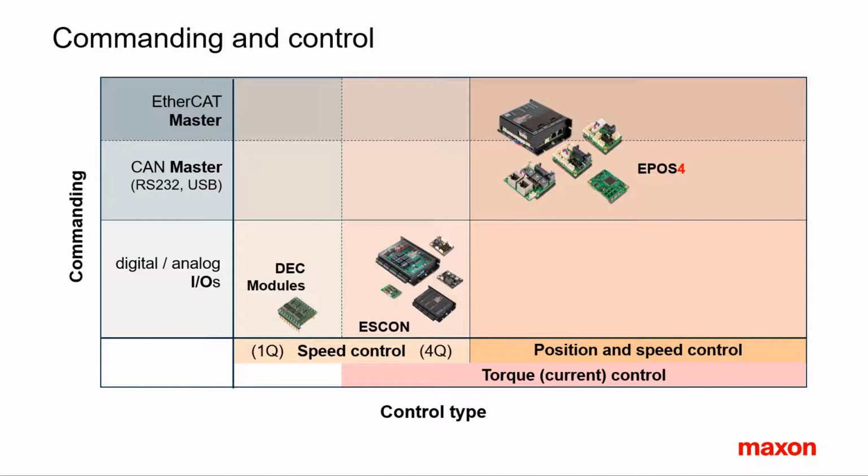EPOS 4 is the newest generation with improved performance and power, and a modular design that allows further implementation of additional features and communication options. The MaxPOS position controller is a high-end EtherCAT slave with an extremely high control performance. It is used in demanding applications in terms of dynamics, precision and synchronization.